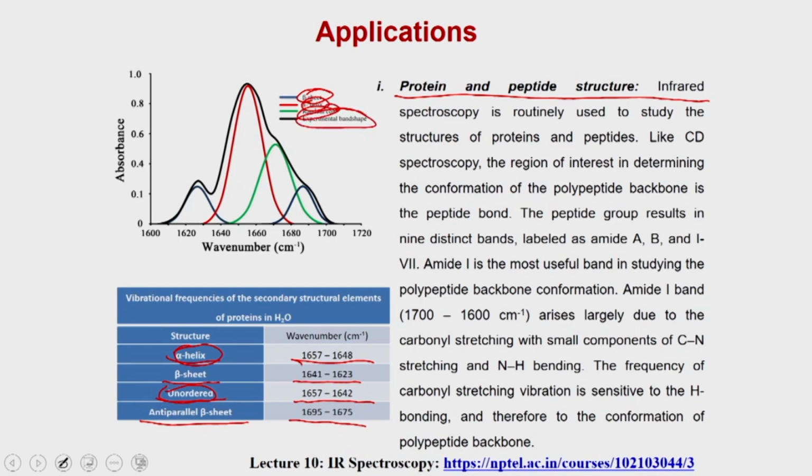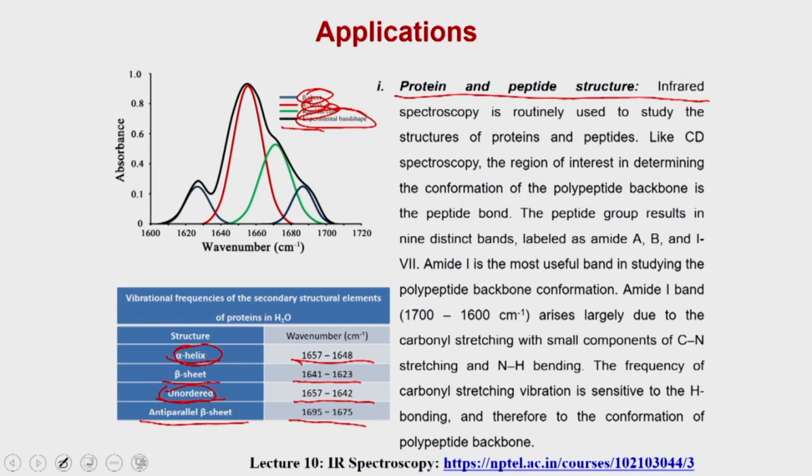So, you can collect the IR spectra of your experimental sample, and depending on the presence of different types of secondary structures, you can calculate the proportion of alpha helix, beta sheets and unordered structures by comparing the different spectral bands for IR spectroscopy.